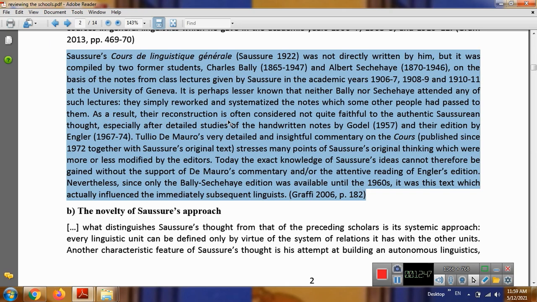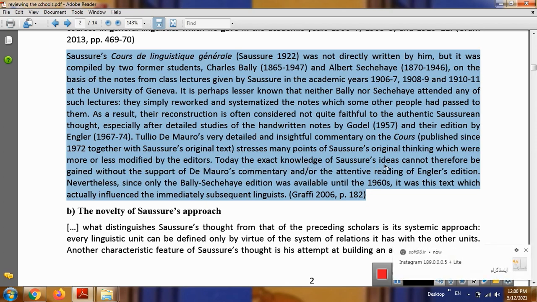As a result, their reconstruction is often considered not quite faithful to the authentic Saussurean thought, especially after detailed studies of the handwritten notes by Godel in 1957 and their edition by Engler. Tullio de Mauro's very detailed and insightful commentary on the course, published since 1972 together with Saussure's original text, stresses many points of Saussure's original thinking, which were more or less modified by the editors.